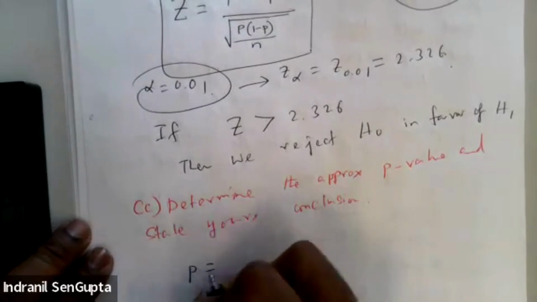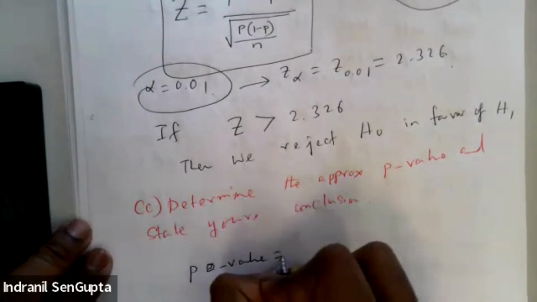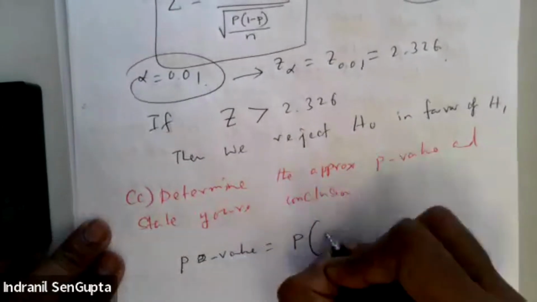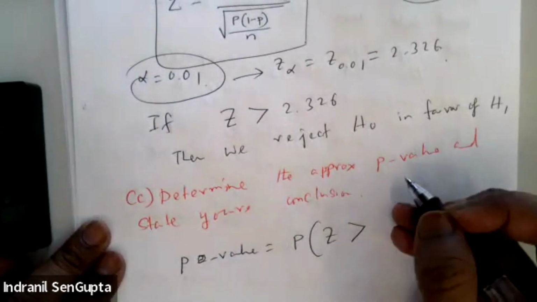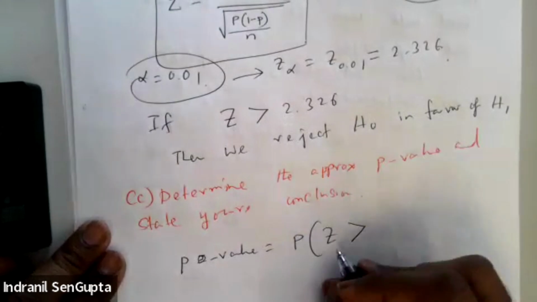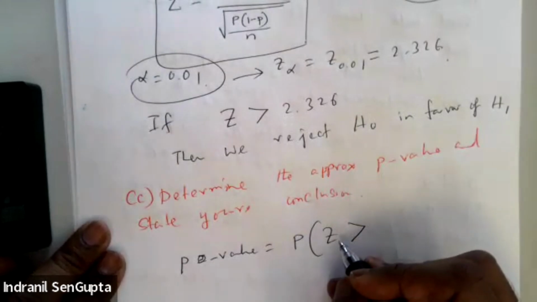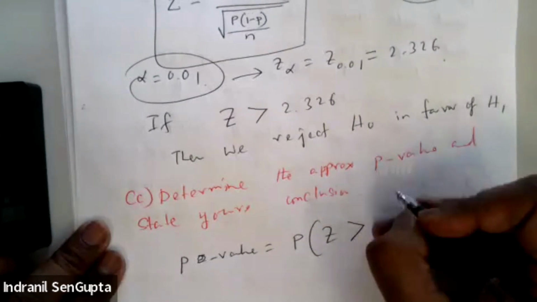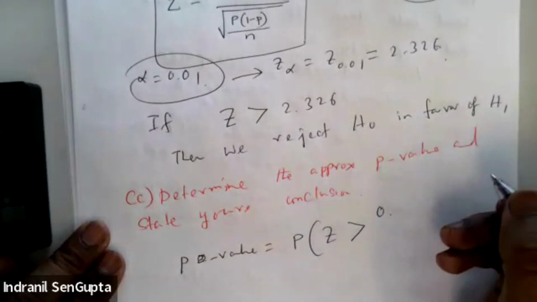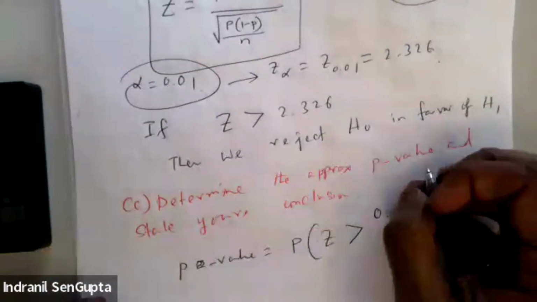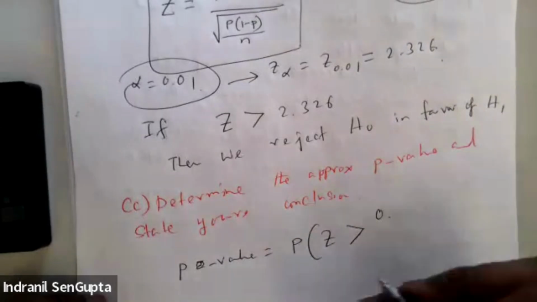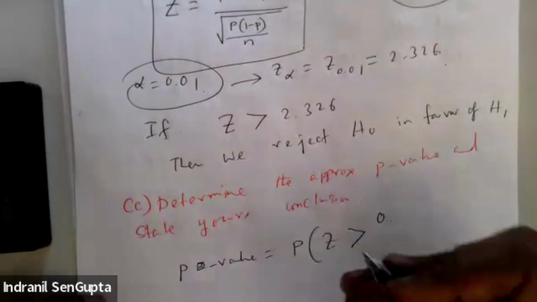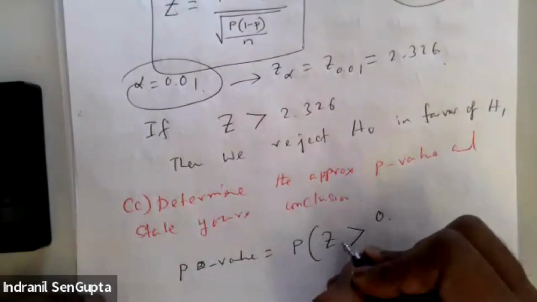So the p-value is equal to the probability of Z more than... let me write this with the sample mean.